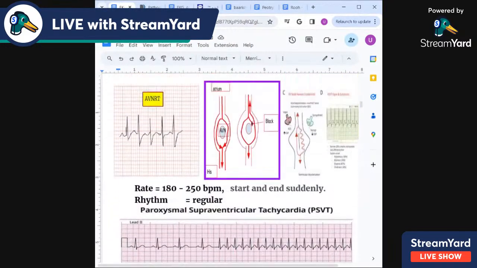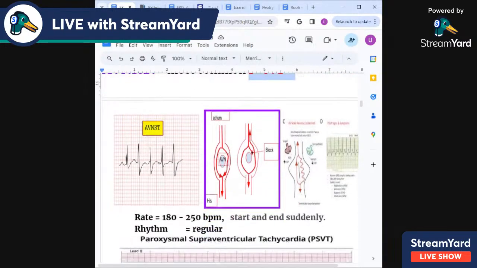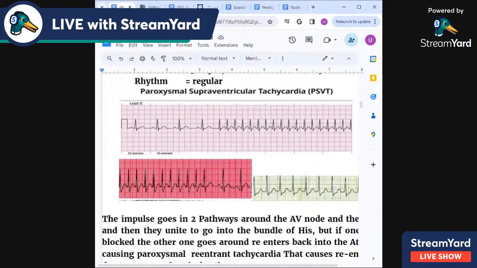Nodal reentrant tachycardia is due to re-entry of the impulse back into the atria, going around the atrioventricular node. The most common cause of this AVNRT is paroxysmal supraventricular tachycardia, which comes on by itself and goes by itself.